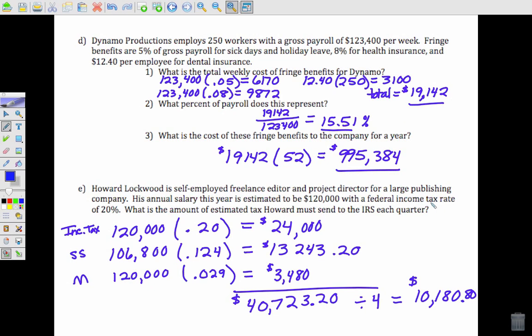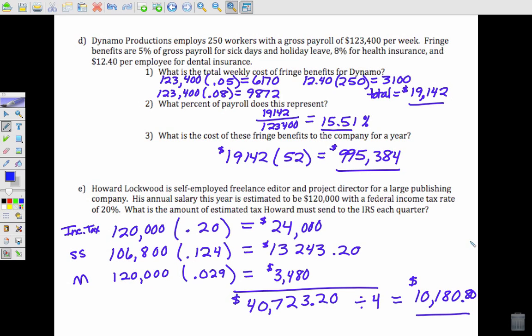Part D here, you have 3 different answers. And finally, E, final answer, $10,180.80.